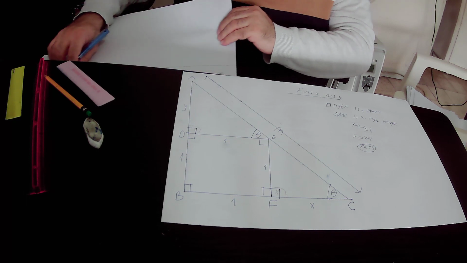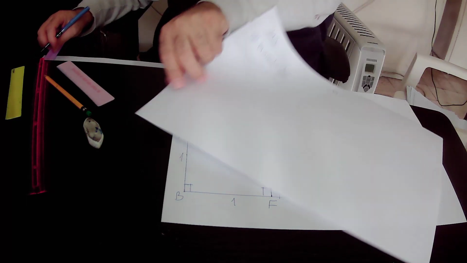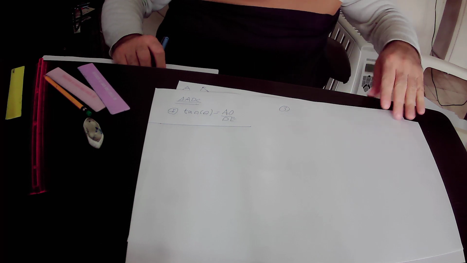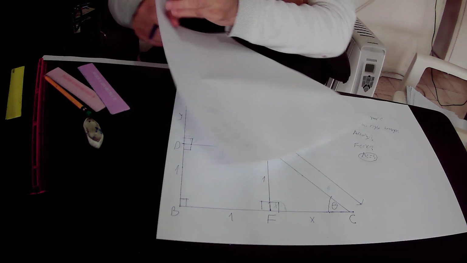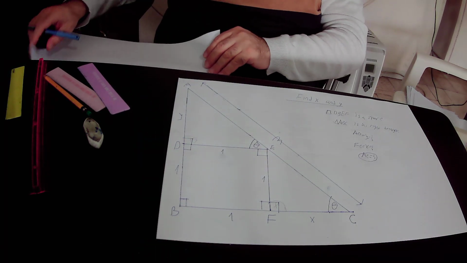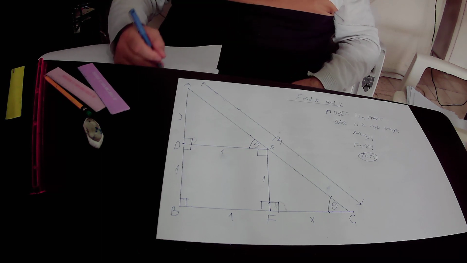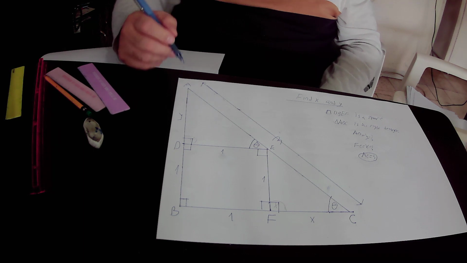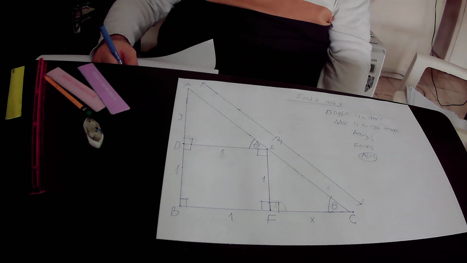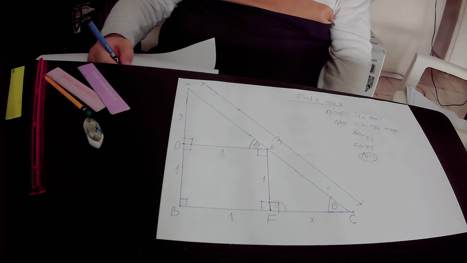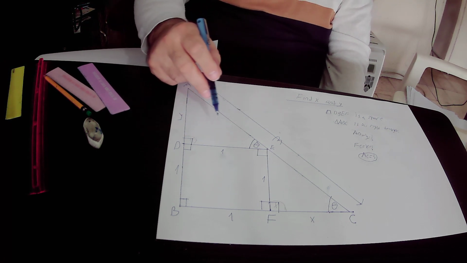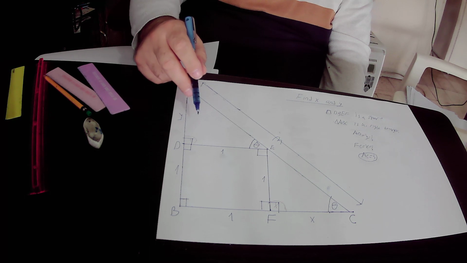I'll repeat again. In the right triangle, triangle ADC, tangent theta equals AD over DE. Here AD equals Y according to what is given in the question, and DE equals 1. It is one side of the square DEBF.